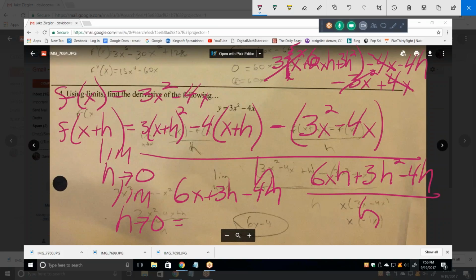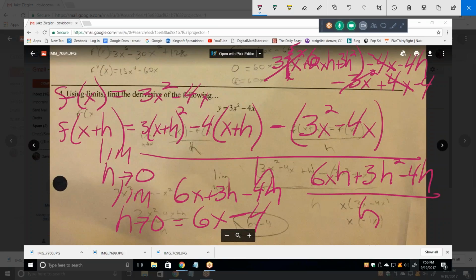No. The h goes to 0, but 6x doesn't. Oh, yeah. Somehow I missed a minus 4. Where did I lose the minus 4? I was doing it so quickly I must have missed a minus 4. There's still a minus 4 here.